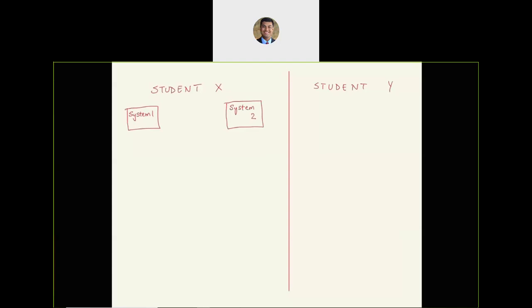And the output over here is of a binary nature, low or high, and we need to connect that to the input of system 2, and we have that same requirement from student 1.